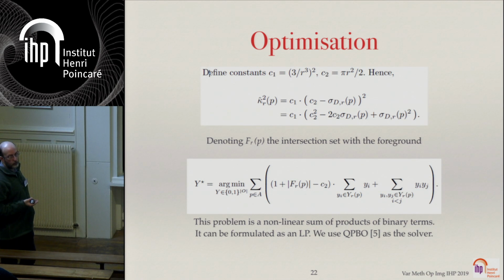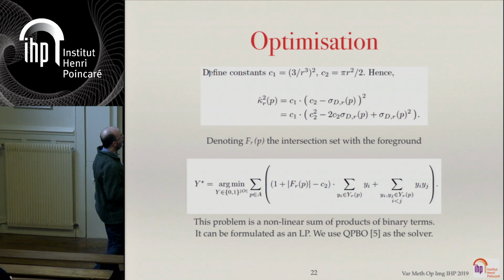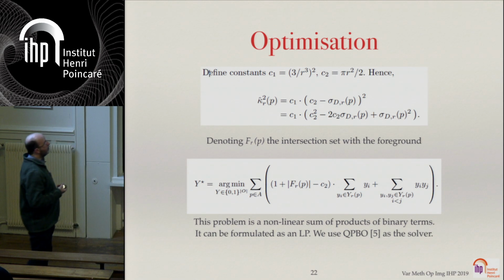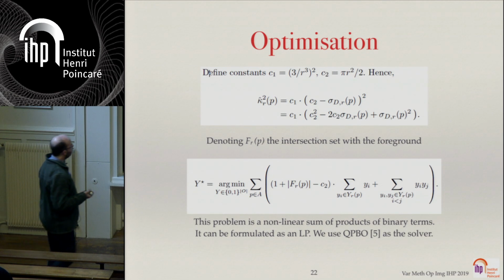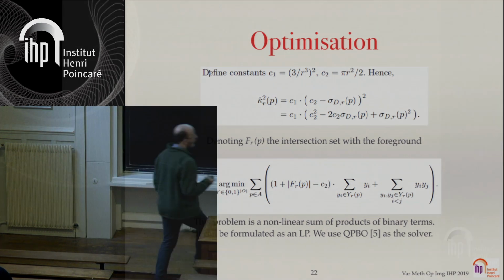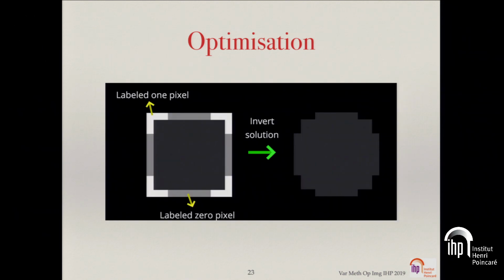QPBO does give you the correct answer if it can compute it. But if it can't, it doesn't give you an answer. So when you run QPBO, you run the risk of having undefined pixels at the end. And so when we run it, we need to be a bit more cautious.